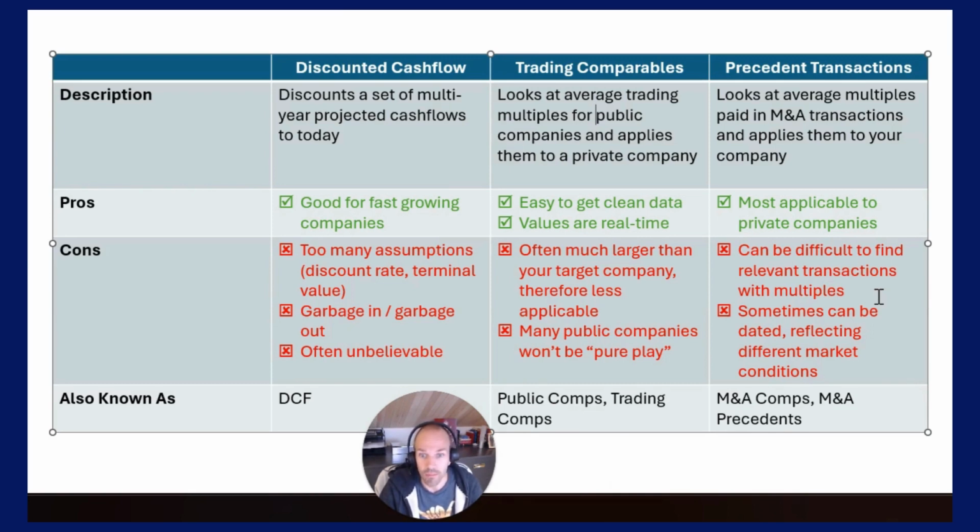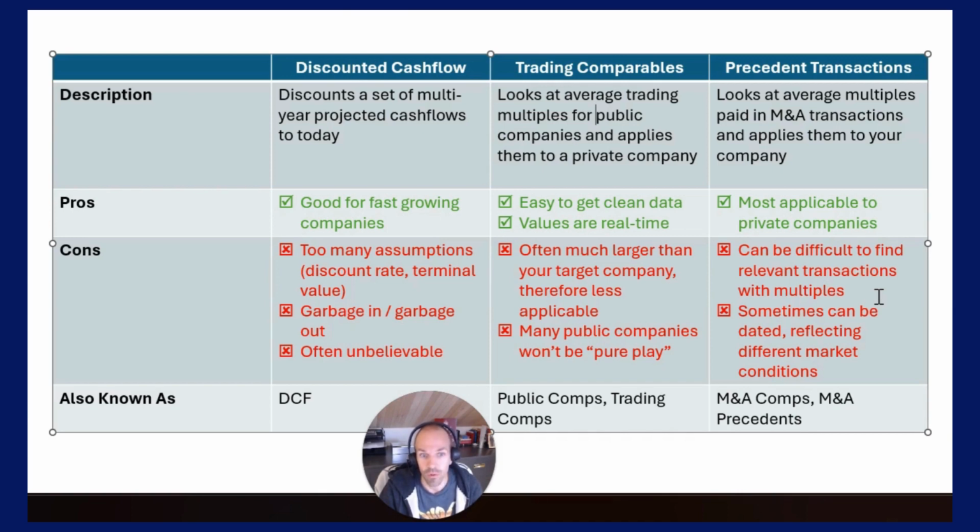So there can be a disconnect between those precedent transactions, especially if they're a bit dated. And it works both ways: they can be less than today's value, or more. But they're very commonly used to value a private company, and usually are the best way we find of valuing a business.